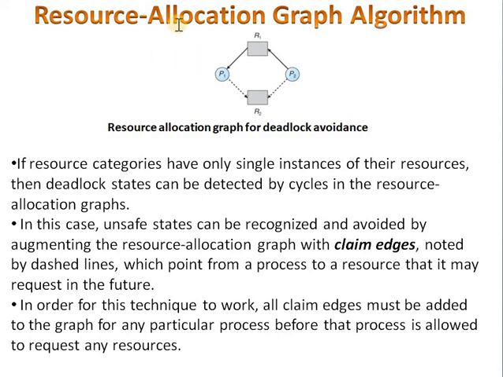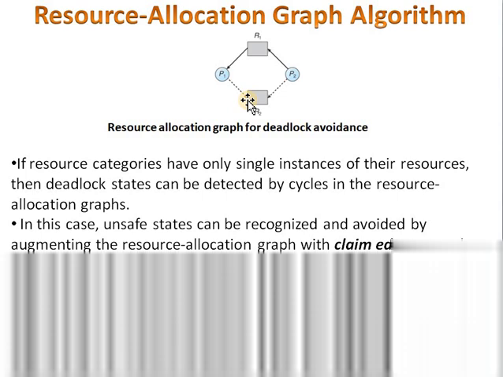See in this figure there are 3 types of edges: claim edges, assignment edges and request edges. What is a claim edge? The claim edge is from process to resource. It indicates that a process may request a resource sometime in the future.